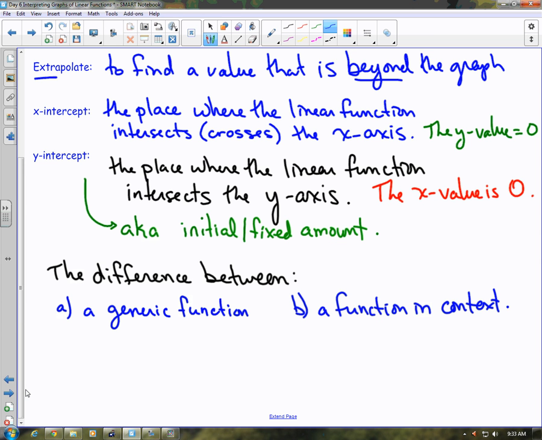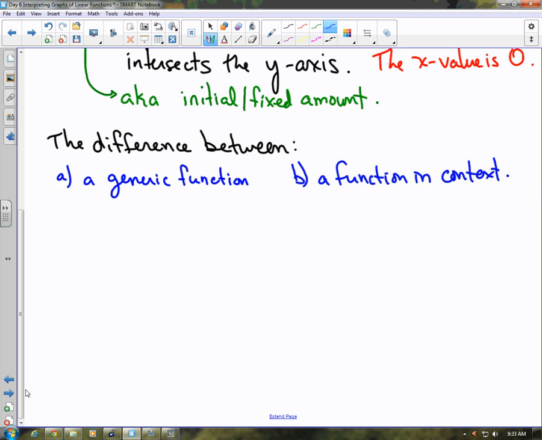Underneath, we're just going to write a couple of things for each of these. What's the difference between a generic function and a function in context?